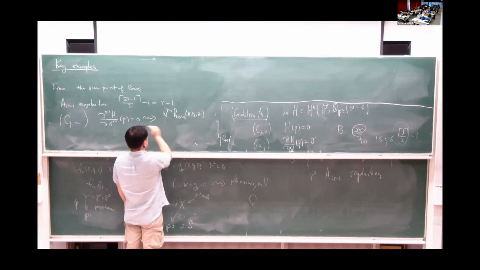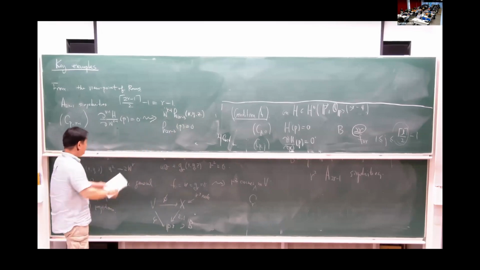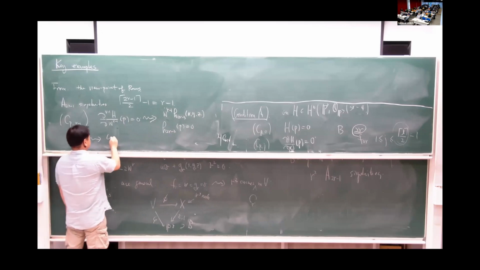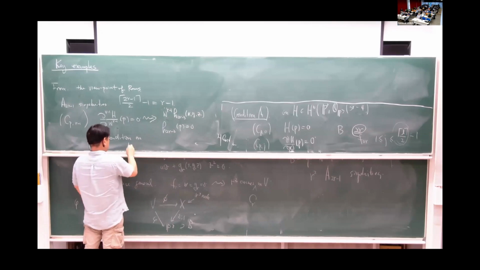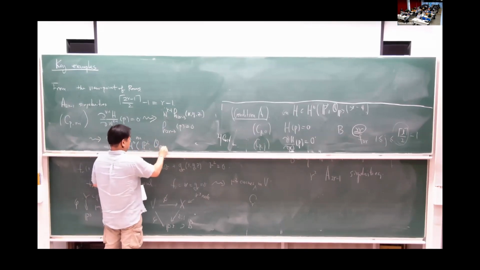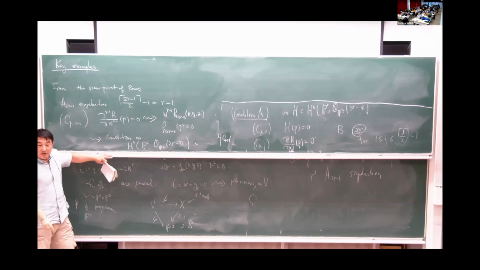And this condition means, if you have this type of polynomial, then this vanishes. Right? So this is the condition on exactly H0 of O_{P2}(2r minus 3).